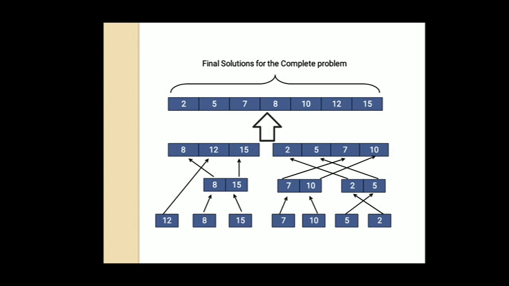Moving from level 0 to levels 1, 2 and 3, we found the solution and finally we have the sorted array. This is how the logic of merge sort works, where we have applied the concept of divide and conquer.